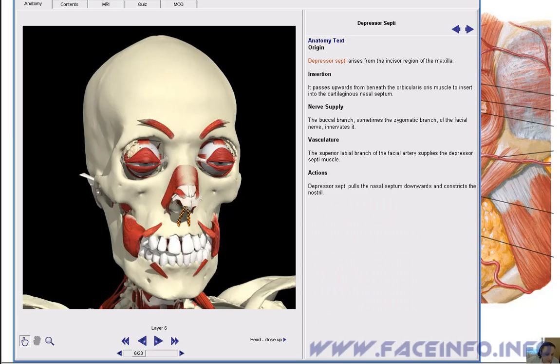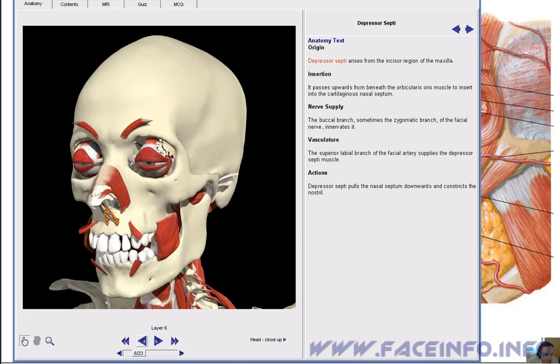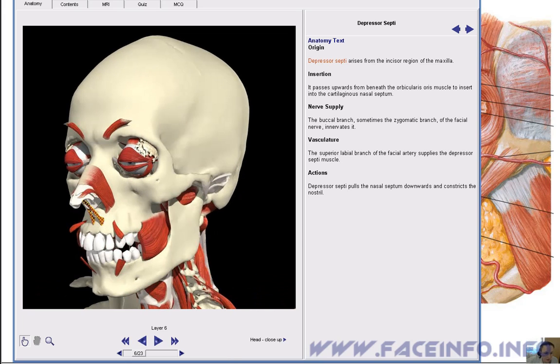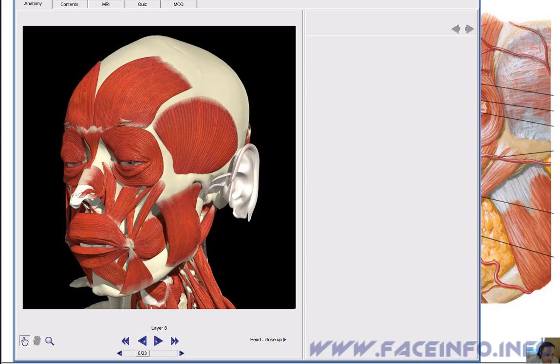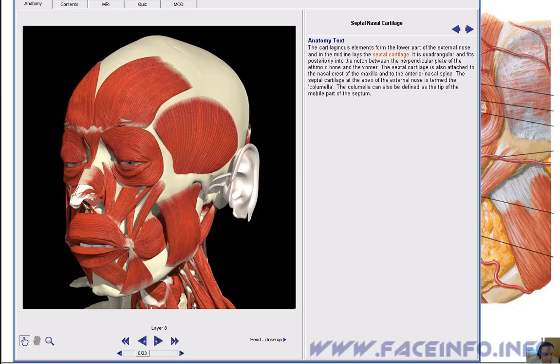And this is the depressor septi muscle, or depressor septi, I don't know how to pronounce. It rises from the incisor region of the maxilla, rises under the orbicularis oris muscle, and is attached to the skin that covers the nasal septum.